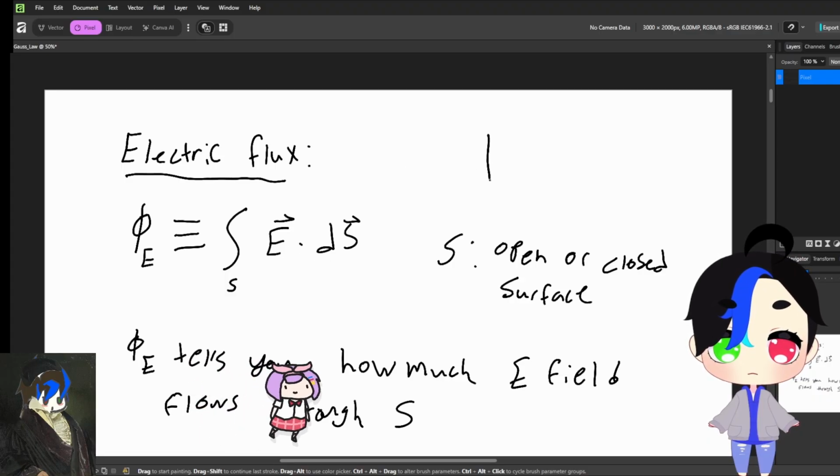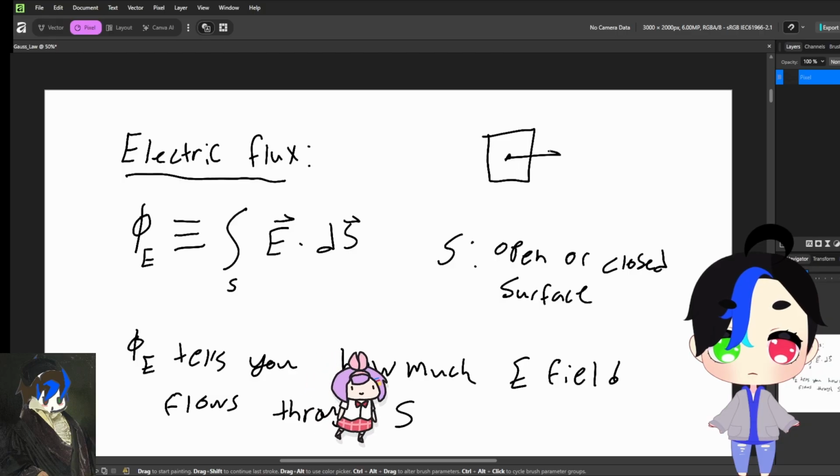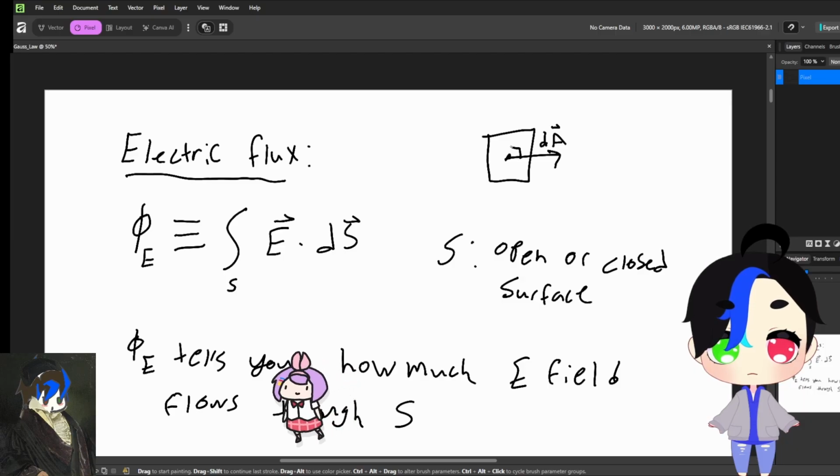Because remember, I think I mentioned it two streams ago, we can turn some area element into a vector by defining the area vector to be pointed perpendicular to the actual surface area.